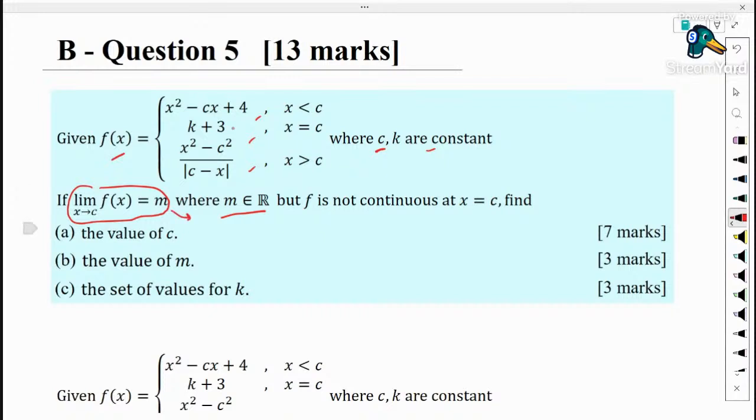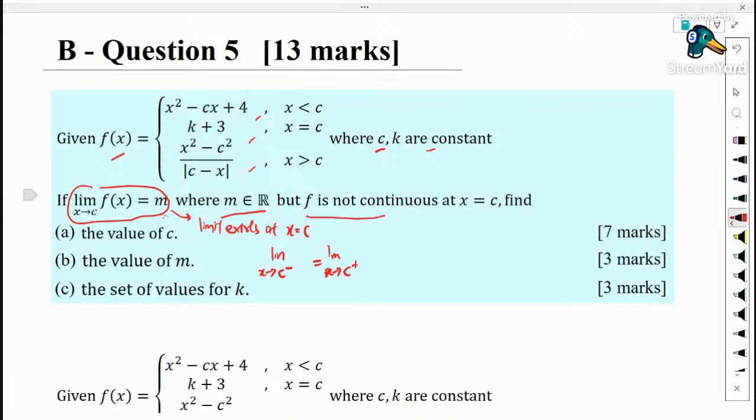It tells us that the limit exists at x equals c. If the limit exists, that means the limit as x approaches c minus equals the limit as x approaches c plus. How does that help us with further calculation? At this moment we don't know yet, but this is what we understand about the info so far.